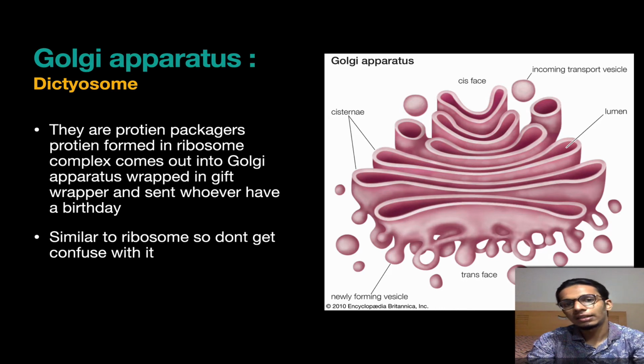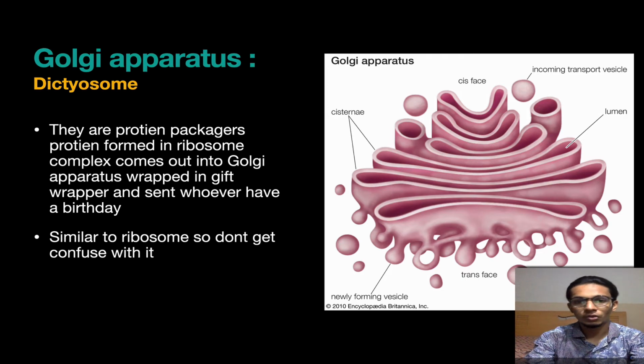A protein, when it comes out of the ribosomes, is in the form of a polypeptide chain. Then it goes into the Golgi apparatus. That polypeptide chain is shaped according to the desired requirement. Okay, so that's what it is. We have to wind up our lecture. I'm taking too long to explain this.